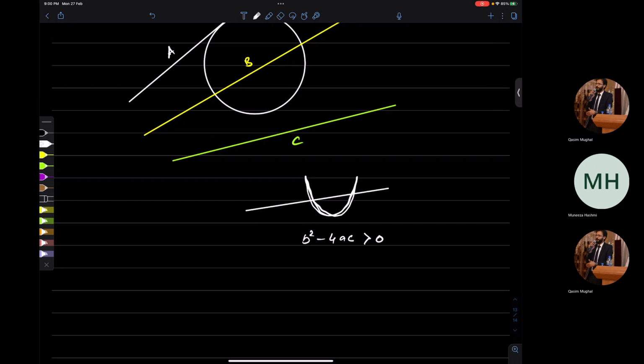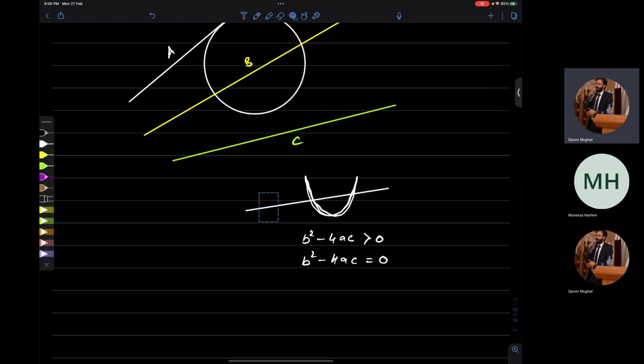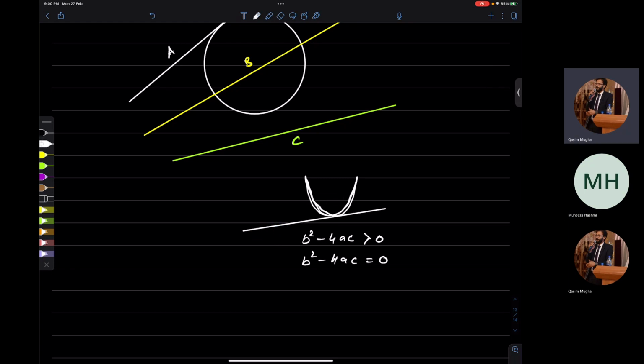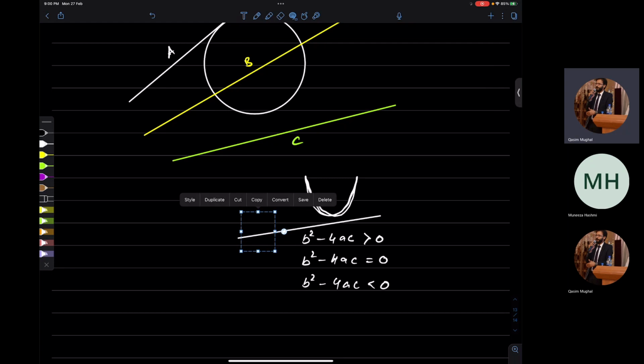Remember? The discriminant b squared minus 4ac would be exactly equal to 0 if it touches the curve at 1 point. And the discriminant would be less than 0 if it is not touching the curve at any point.